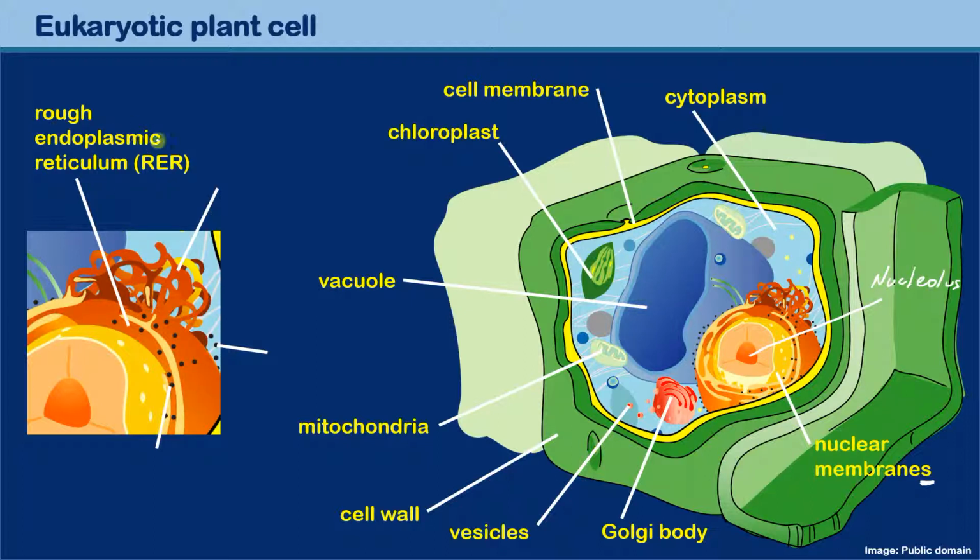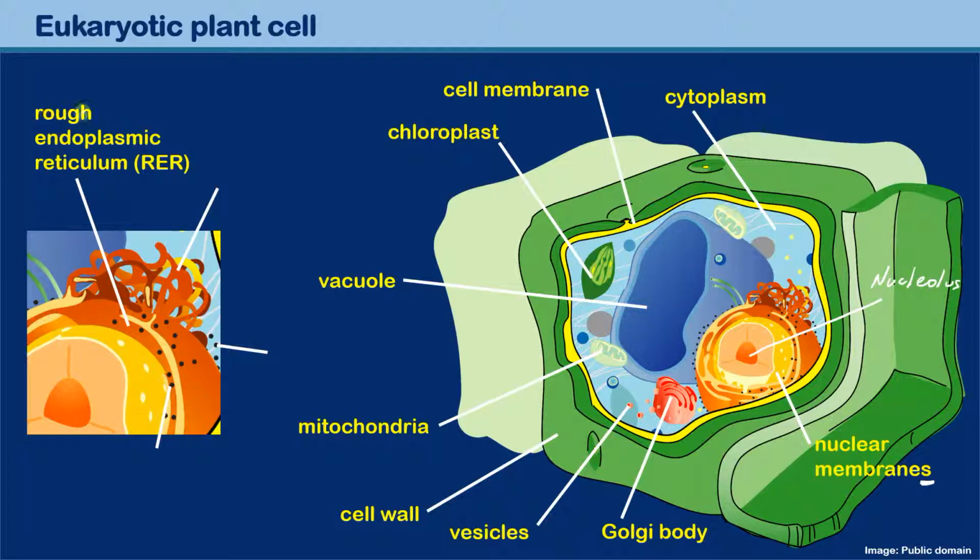Endoplasmic means essentially nothing more than that it can be found inside the cytoplasm. Endo means inside, plasmic, plasma, the liquid of the cell. It can be found inside the cytoplasm, and a reticulum is a network.